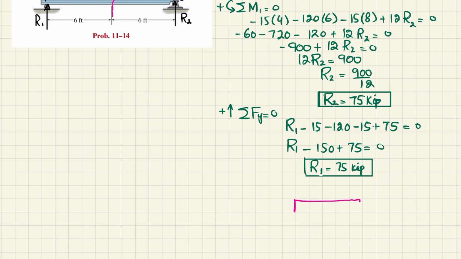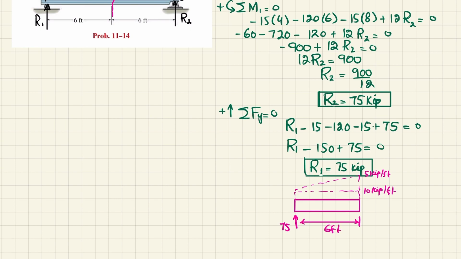So if this is the half of the beam where you have R1 over here, which is 75, and we have a uniformly distributed load till this length, the uniformly distributed load is 10 kip per feet, and then there is a 5 kips per feet. The total length, half of this length, is 6 feet.